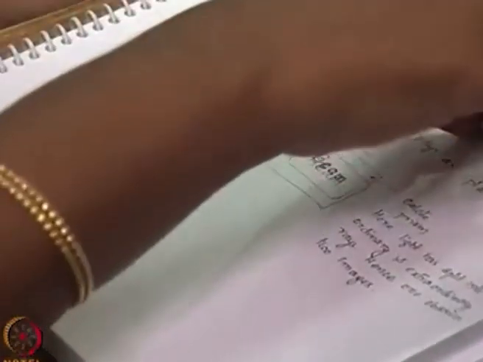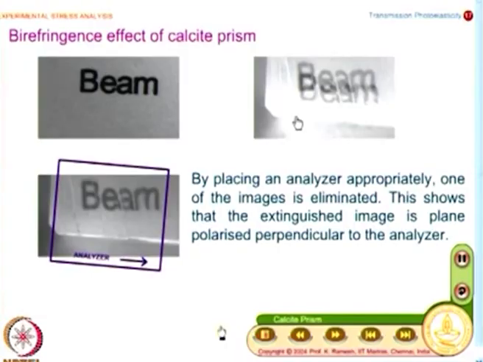So, what you see here is, in the first case when I put a crystal, I see two images. This indicates that for a single incident ray you have two refracted beams, and I have shown by putting a polarizer, which analyzes the light and is therefore named the analyzer, that when I place it appropriately, one of the images is eliminated.